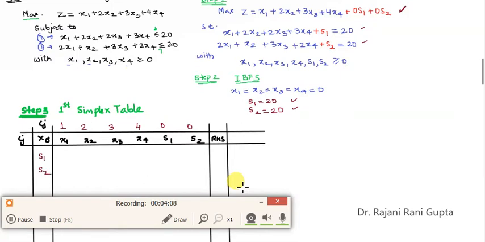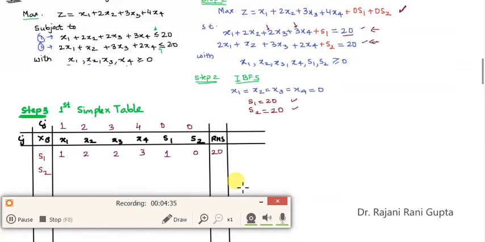Now s1 is appearing in this equation, so the coefficient of x1 in this equation is 1. For x2 it is 2, x3 it is 2, x4 it is 3, s1 is 1, there is no s2 so 0, and RHS is 20, the right side number.